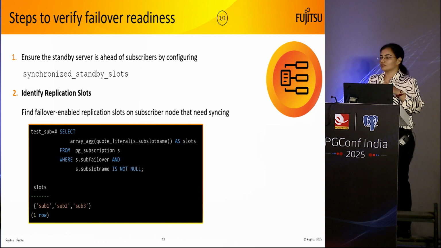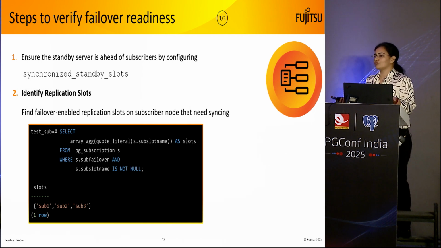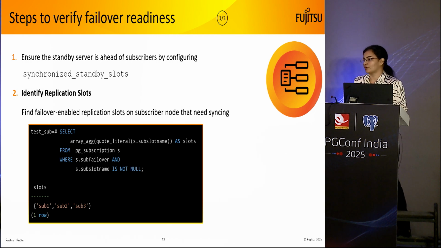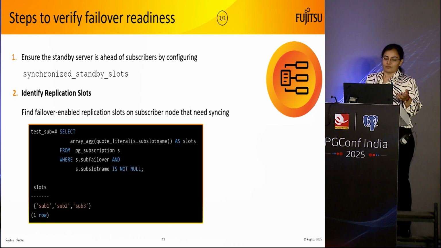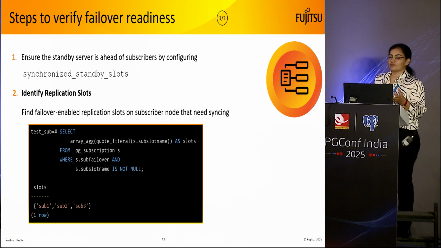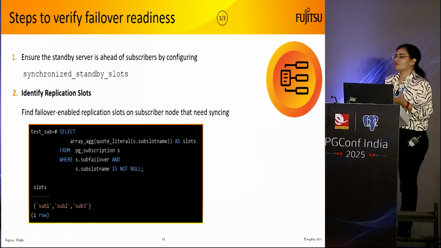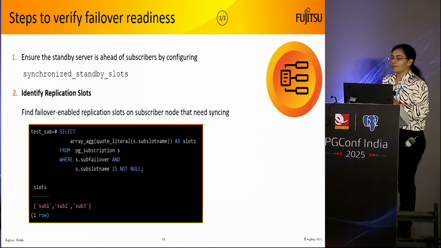So, that was all about what this feature is and how it helps in reducing the downtime of logical replication. Now, I will briefly go through the steps we can use to verify if your standby node is failover ready.